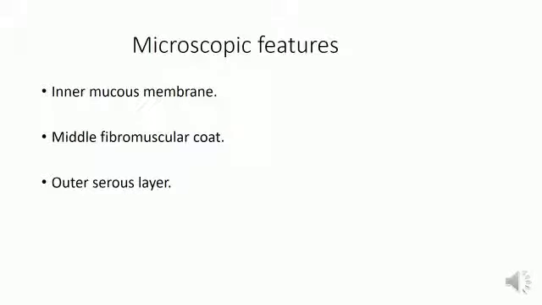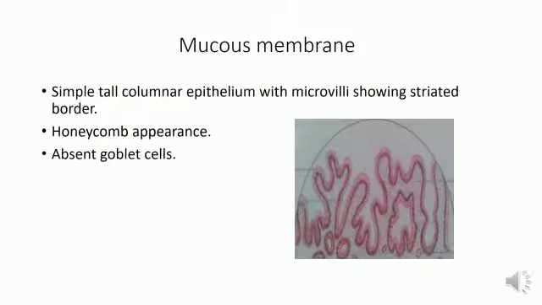Coming to the microscopic features of the gallbladder, it consists of an inner mucous membrane, a middle fibromuscular coat, and an outer serous layer. The mucous membrane consists of epithelium and the lamina propria. The epithelium is the simple, tall, columnar type with microvilli showing a striated border.